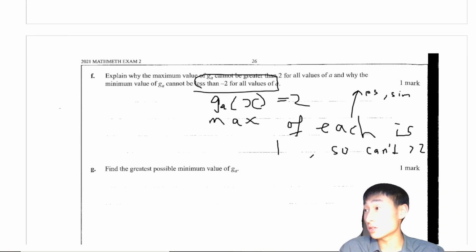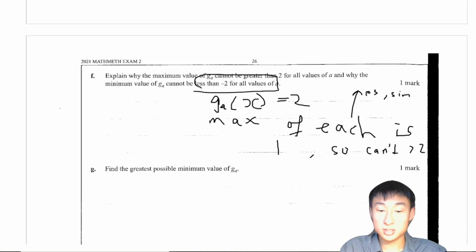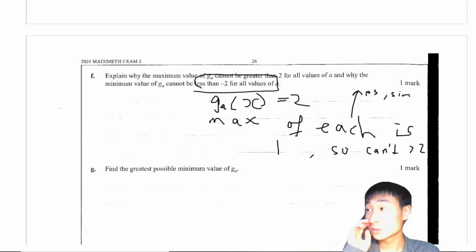Okay, it's an exact value. So I'm going to try and chuck this in the CAS, GA of x. Let's just say n is 0, then you get negative pi on 4. So GA of negative pi on 4.